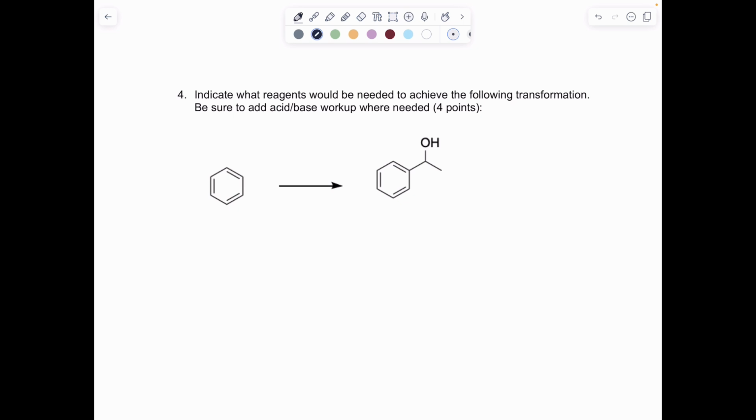So what I mean by that is we could start with this benzene, react it with this ketone, and the product would look something like this. And then we could use a reducing agent to reduce that ketone into an alcohol.